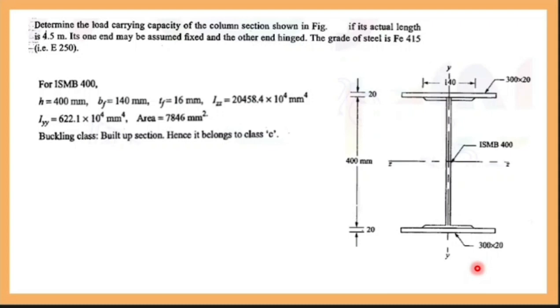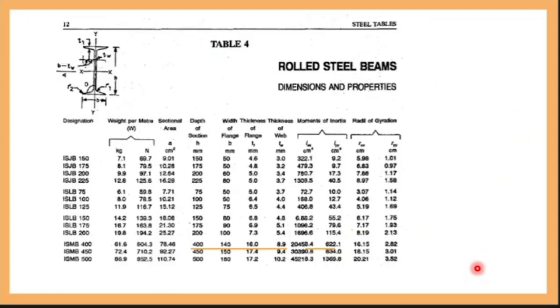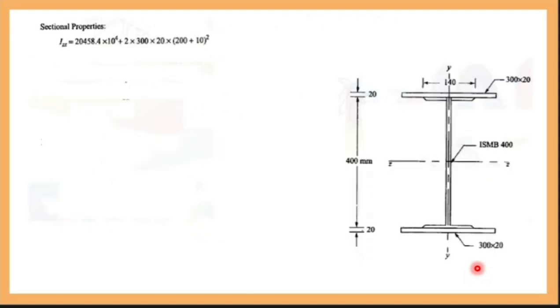Now how will you find the moment of inertia I? Let us check now. The sectional properties: first you have to find IXX, that is IZZ. How to find IZ? The built up section moment of inertia formula is IXX plus area into distance square.